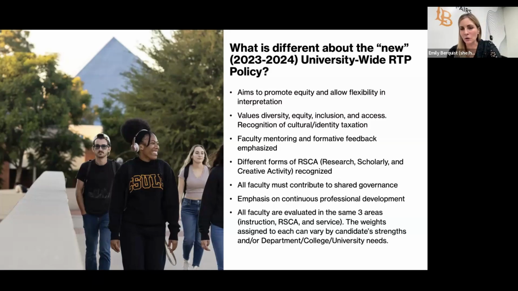In case you're not familiar with that term, to paraphrase really quickly, what we mean by cultural or identity or even race-based taxation is the idea that in any given department, certain students may feel that they are more likely to go to a certain professor because of a group they identify with, because of the way they look, etc. So that person who represents this group that's a special group for the students is going to be asked to do more things, right?